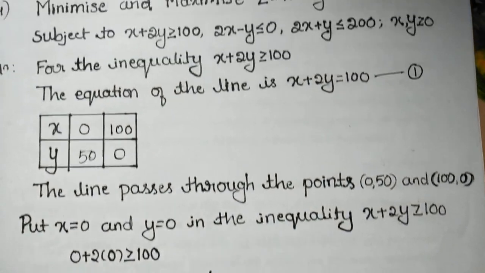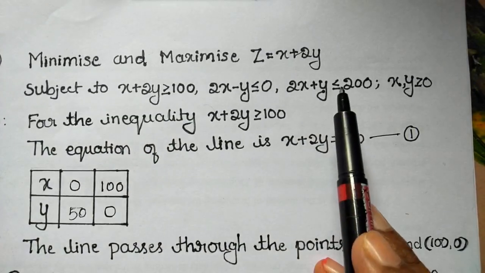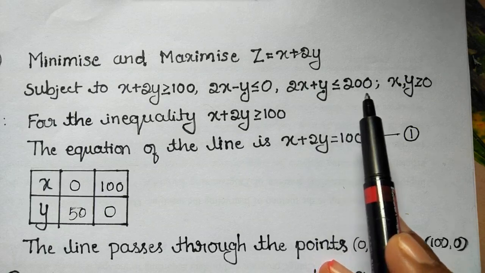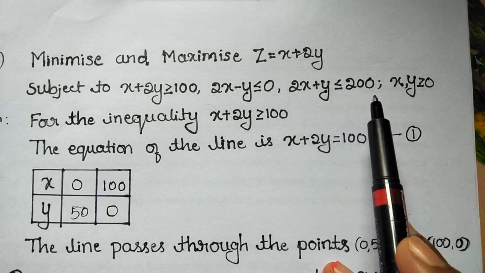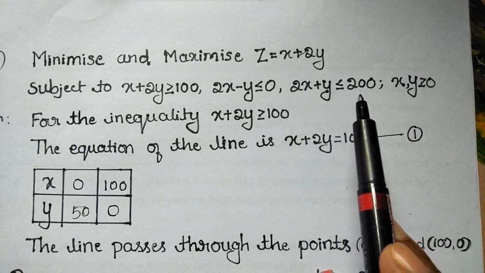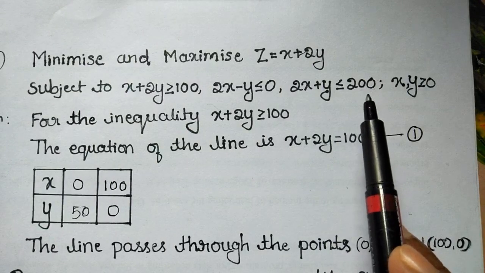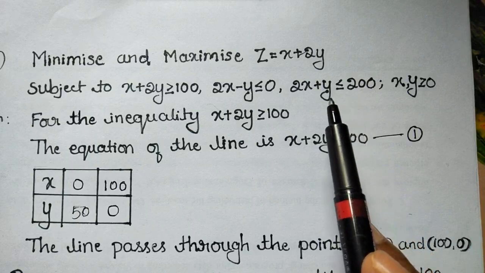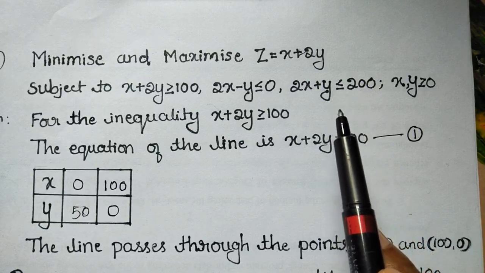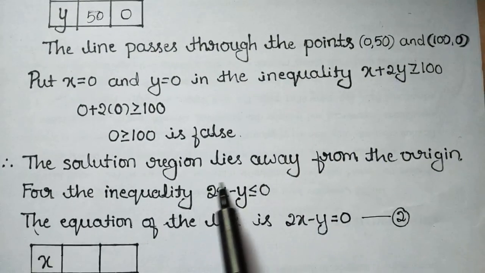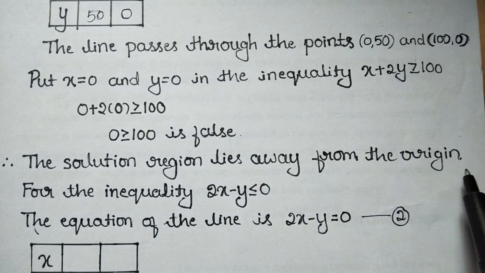Similarly, if we have a less than or equal to sign and the number on the RHS is positive, then always the origin satisfies the inequality because 0 will be less than or equal to the positive number is always true. In such cases, the solution region lies towards the origin. Now here the solution region lies away from the origin.